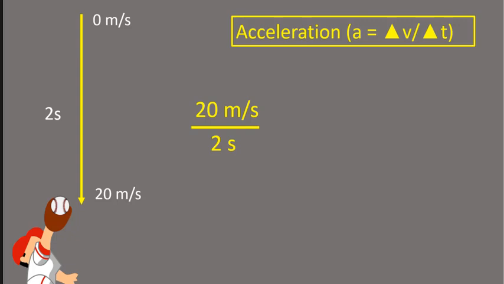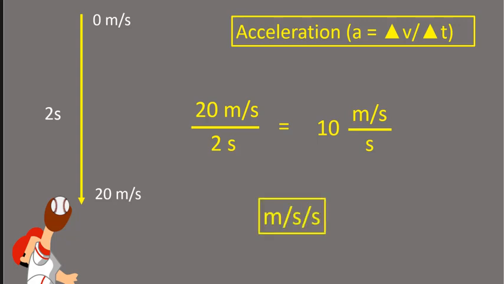Now, it's okay if you don't understand the formula, since we're just focusing on how the units work. 20 divided by 2 is 10, but now let's look at the units. We have meters per second divided by seconds, so the final unit will be meters per second per second. You're also going to find this rewritten as meters per second squared.